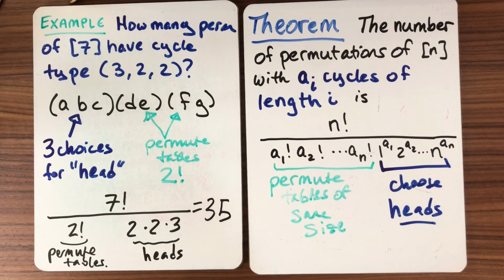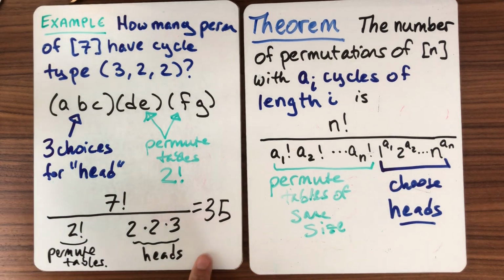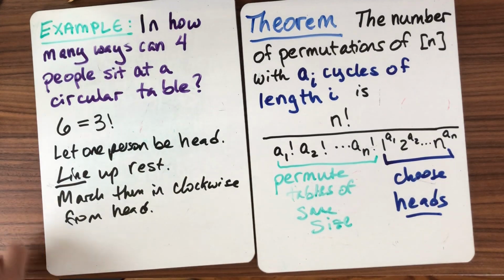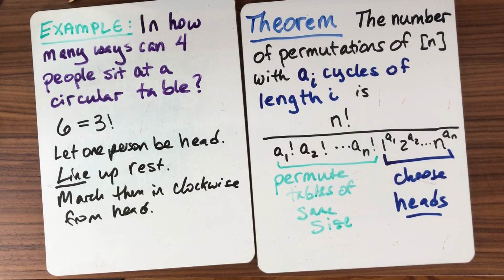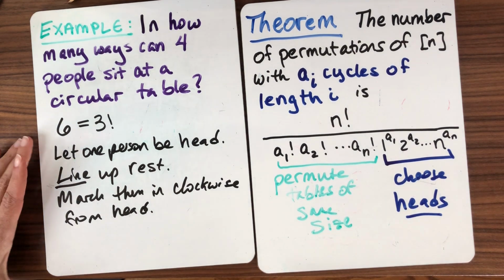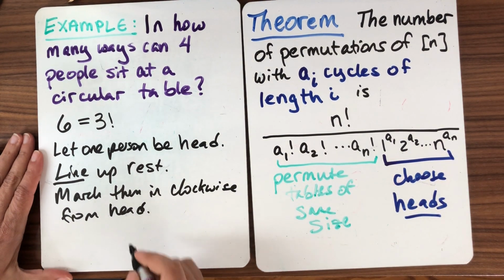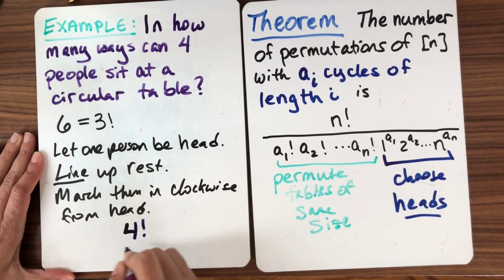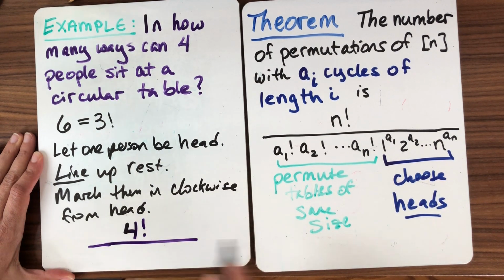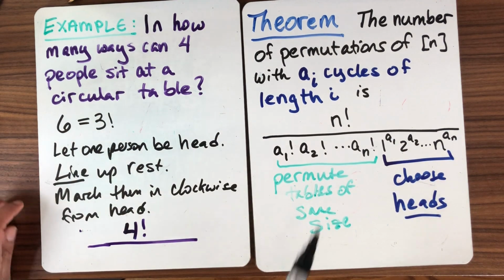We can check. Let's just do a sanity check real quick. And let's think about what happens when we only have one cycle, if we have just an n cycle. Well, that was the case that we did before. And we found that, okay, if we have 4 people, we got 3 factorial because we just counted with the spiders. Let's see how this formula shows us. Well, we'd have 4 factorial divided by, here we have ai cycles of length i.